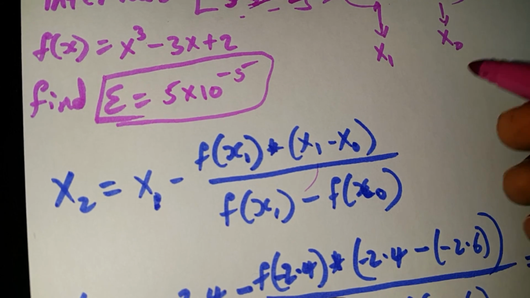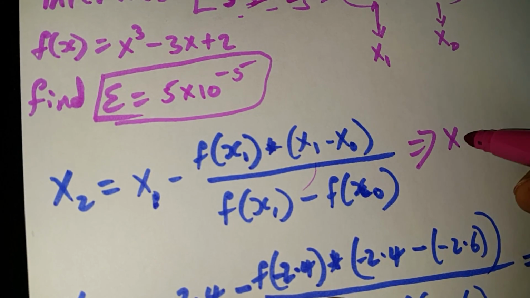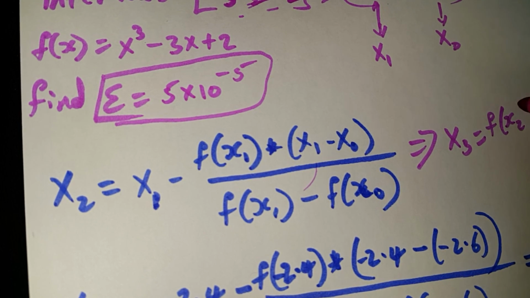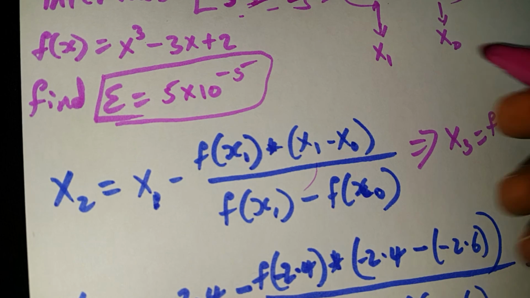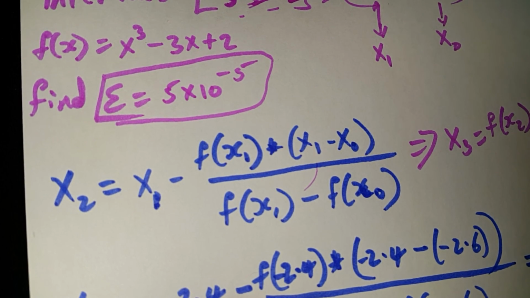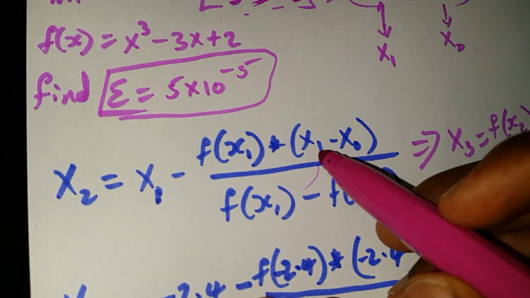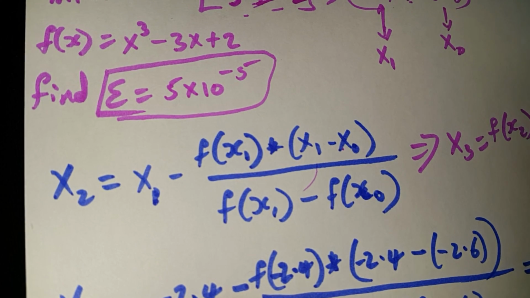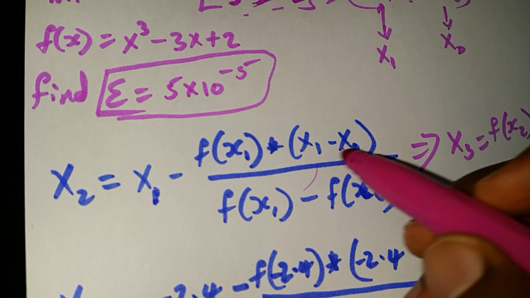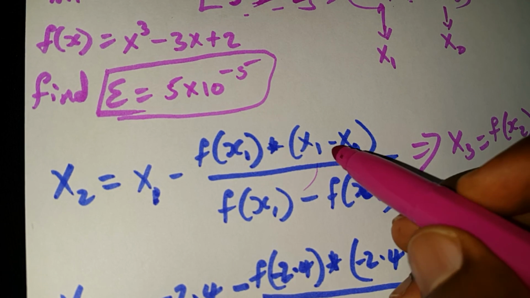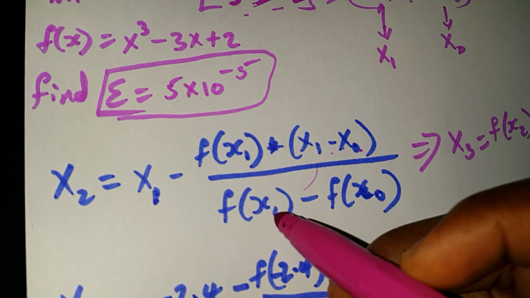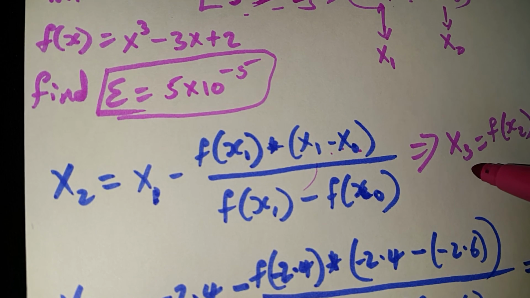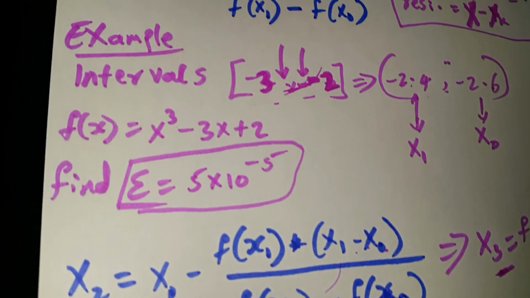Our x3 is equal to x2 minus f of x2 multiplied by x2 minus x1, over f of x2 minus f of x1. So that is the idea of it.